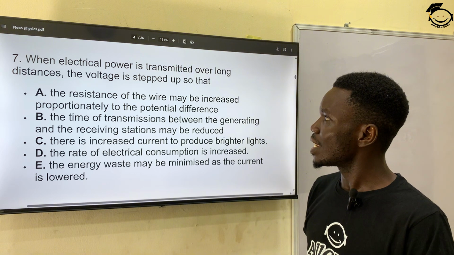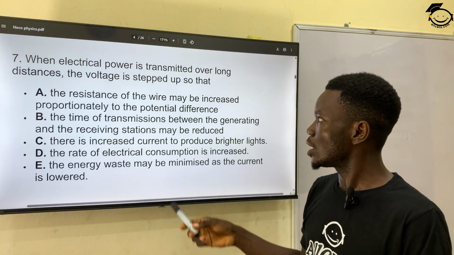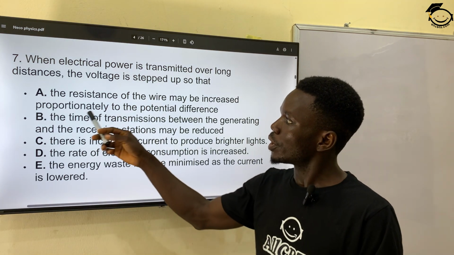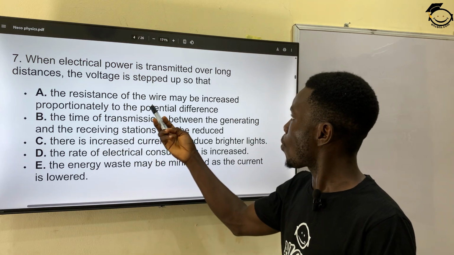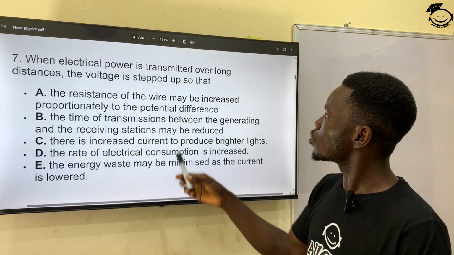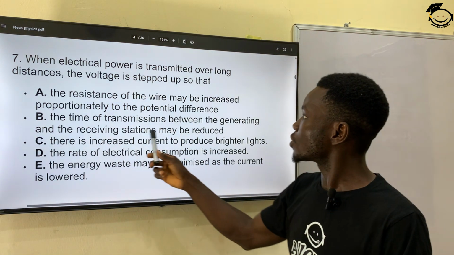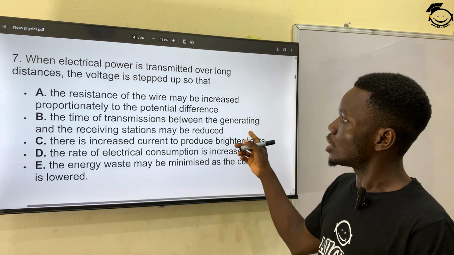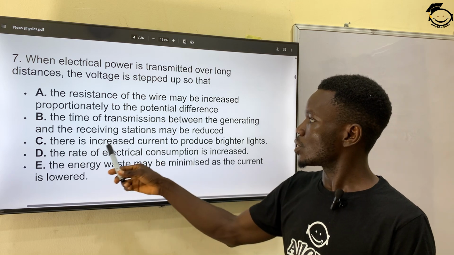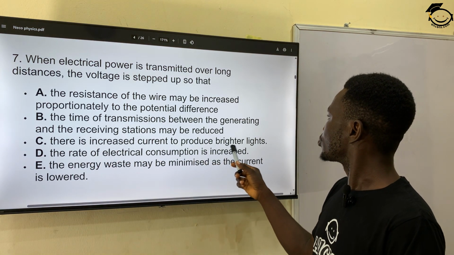Moving on to question number 7. It says, when electrical power is transmitted over long distances, the voltage is stepped up so that dash. Option A says the resistance of the wire may be increased proportionately to the potential difference. Option B says the time of transmission between the generating and the receiving stations may be reduced. Option C says there is increased current to produce brighter lights.